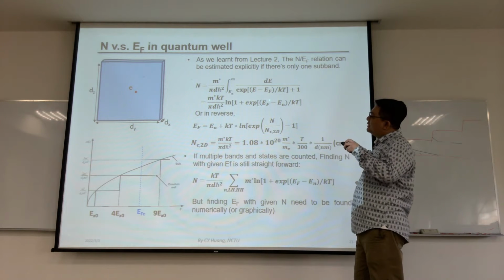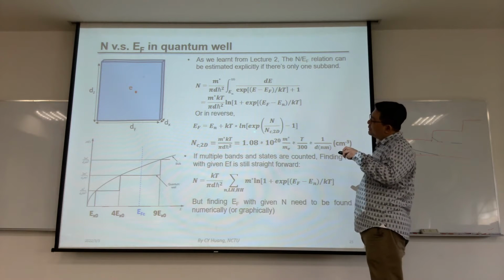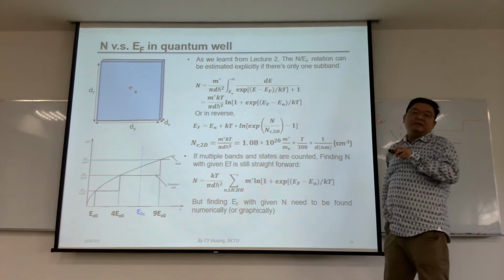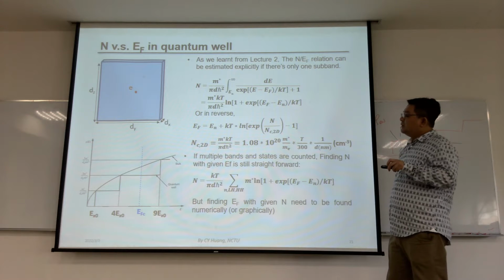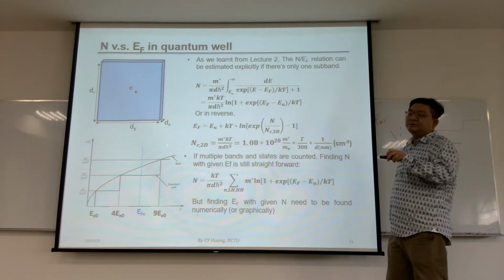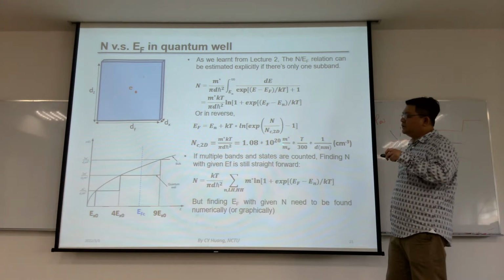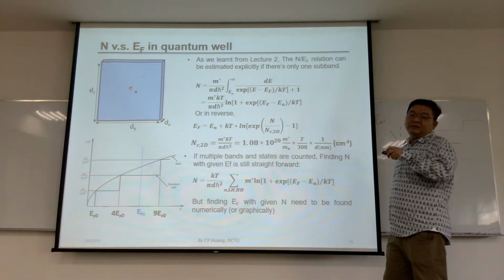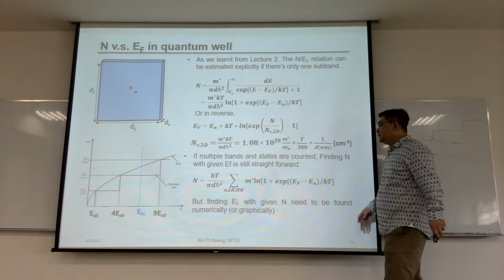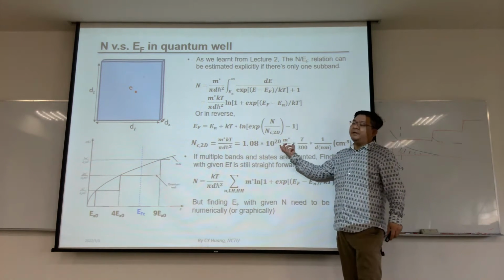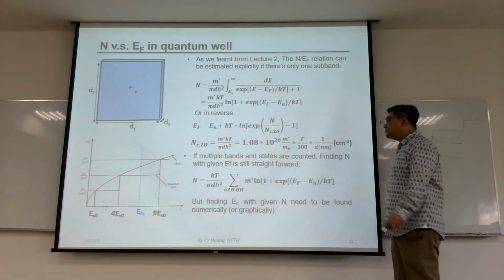EF could be written as the ground state plus kT times log of exponential n divided by nc of the two-dimensional case minus 1. Alright, so this is the number we also arranged from last week. It's mostly a function of its effective mass and its quantum well width. For a material with a high effective mass, you also have a high effective density of state.